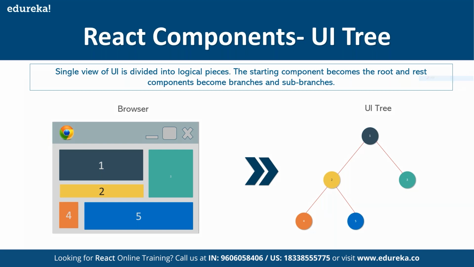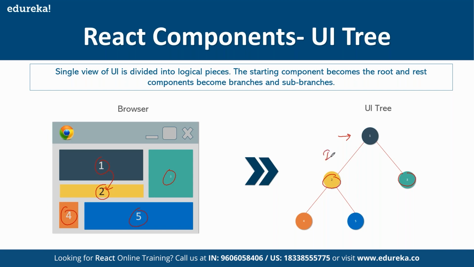As I said, each of them is a component. Each of these components is sometimes integrated in the same page, or it might be integrated from one to two like this. So let's say the parent component is piece 1, and it has references to the child components 2 and 3.